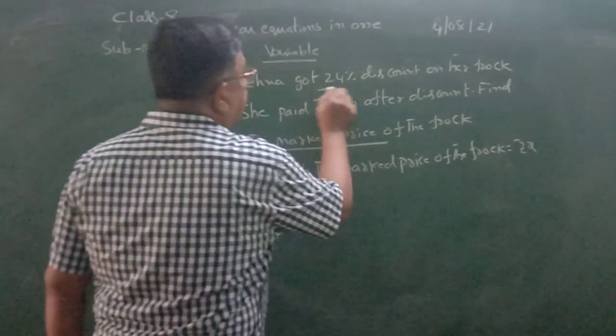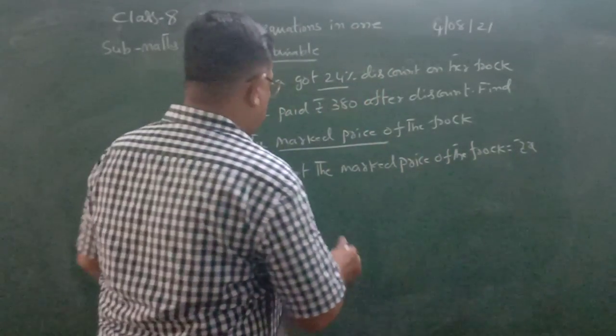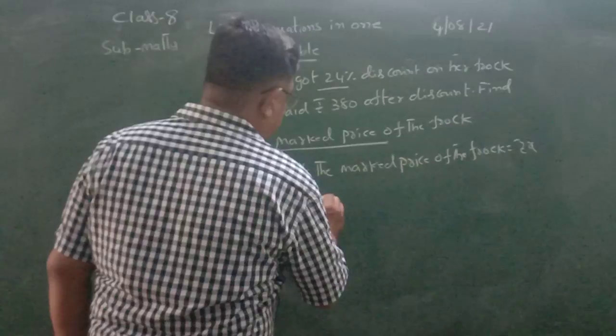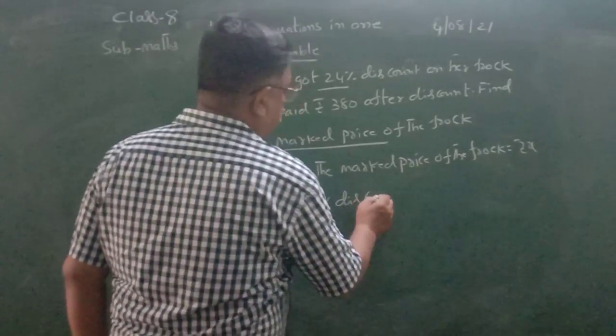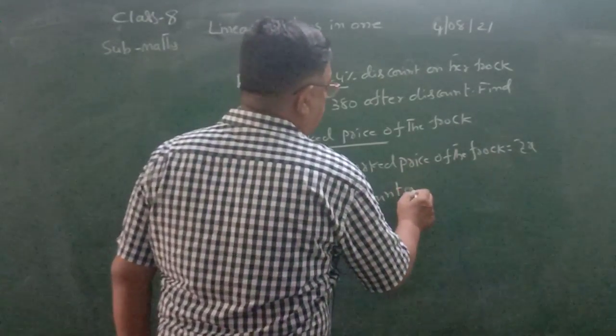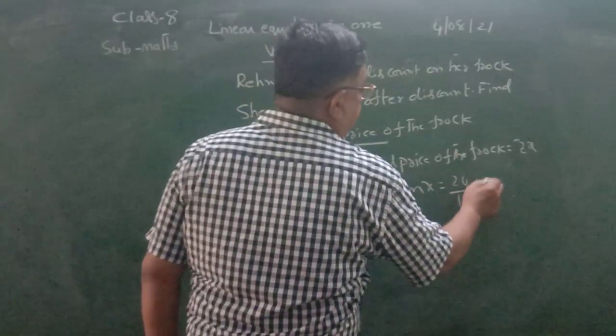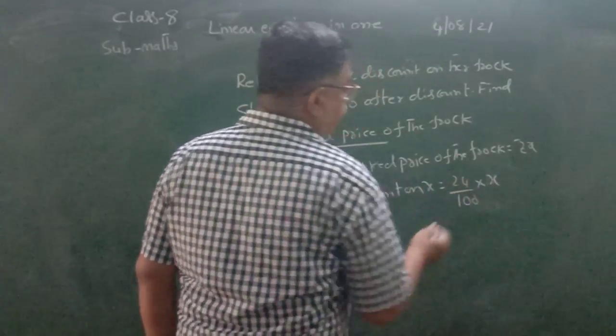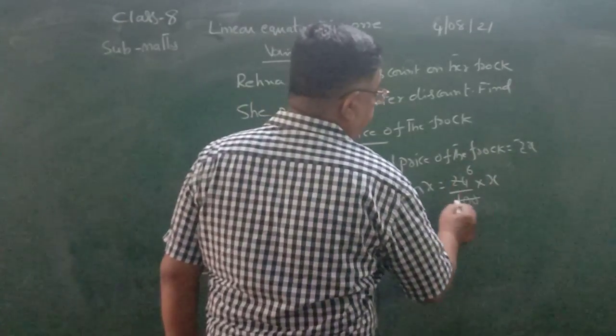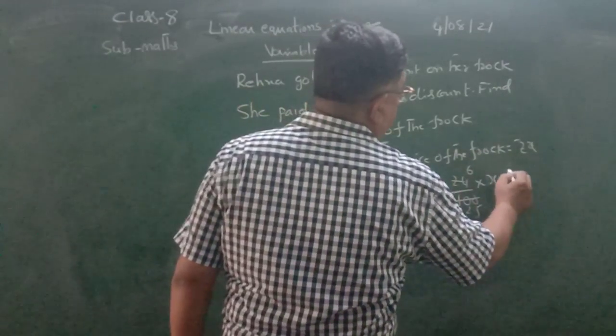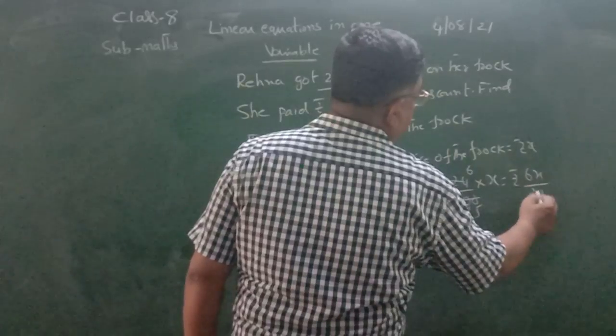How much discount is given? 24% discount on x is equal to 24 by 100 into x. 4 fours, 4 sixes are 24, 4 twenty-fives are 100. So the discount given is 6x by 25 rupees.